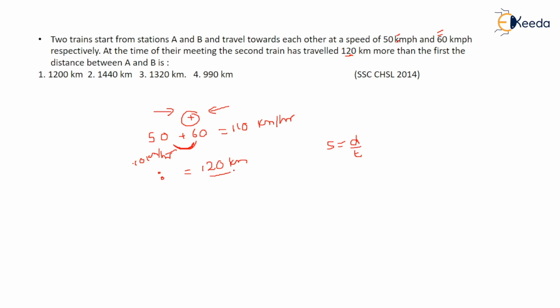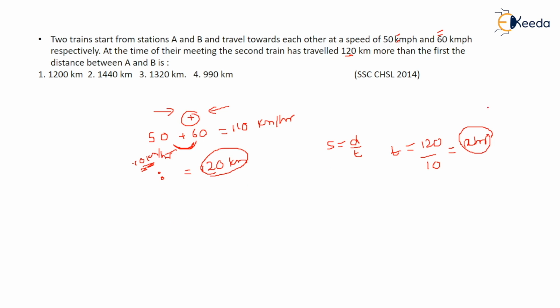The distance it covered extra is 120 kilometer, and the speed difference was 10 kilometer per hour. So in how many hours did it cover this? 12 hours. In 12 hours it covered this extra distance of 120 kilometer.